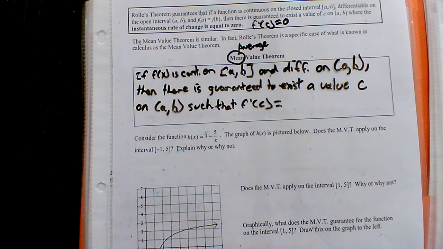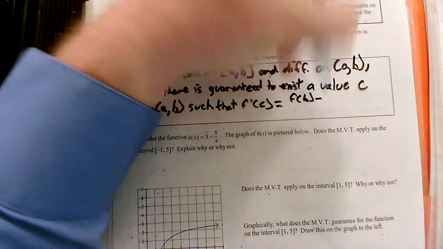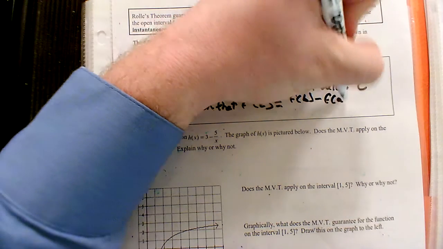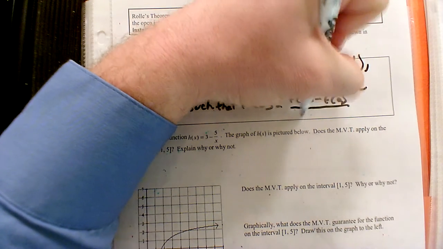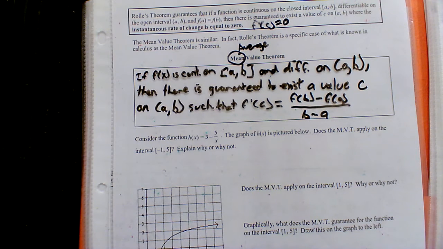For the mean value theorem we think about the average, so it's going to be f of B minus f of A all over B minus A. You can think about that average, averaging two values.